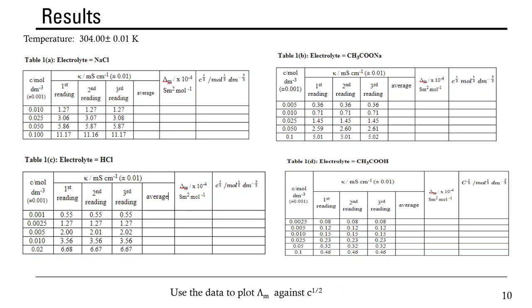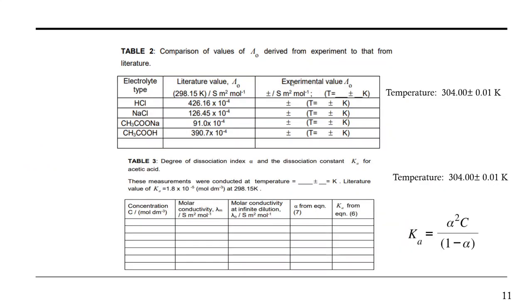Okay, so it doesn't stop there. Now with those values, so these are the given values in literature, and these are the values that you get from the plot, so just comment on that. Okay, and the temperature is this, and you also can fill in this.